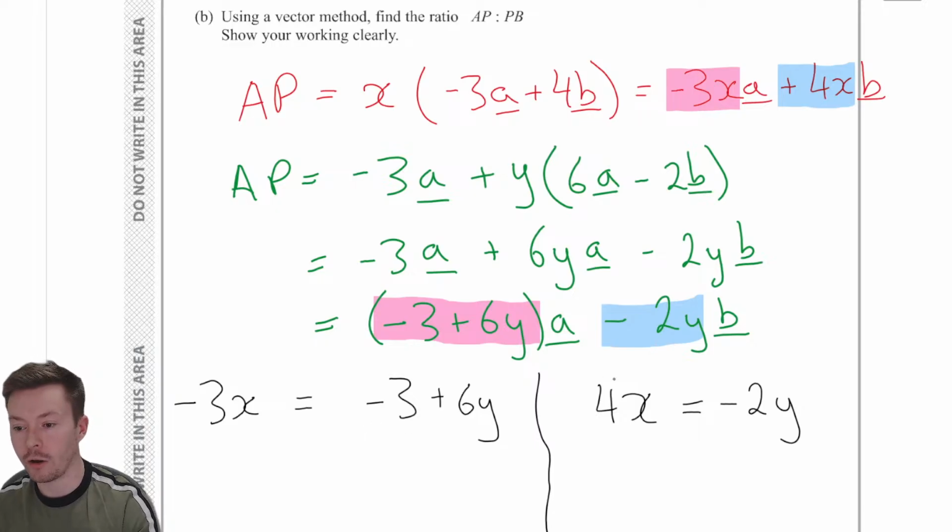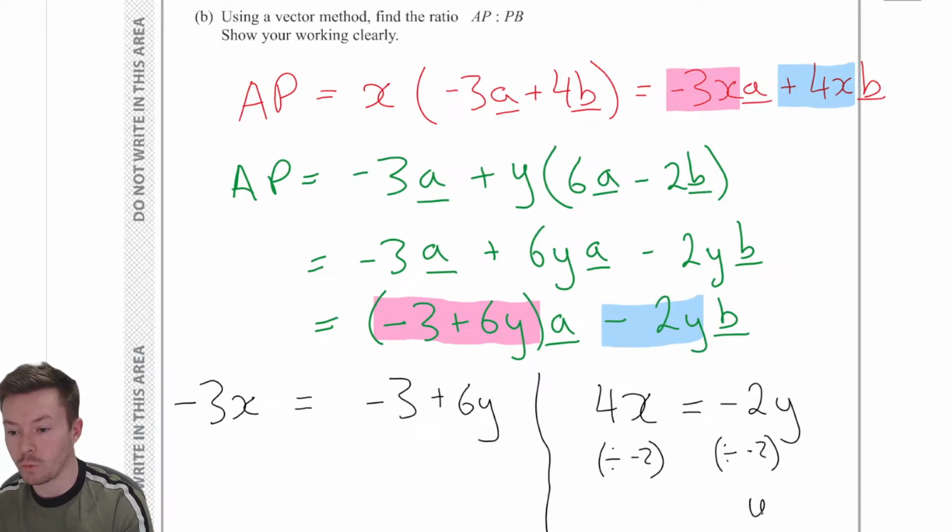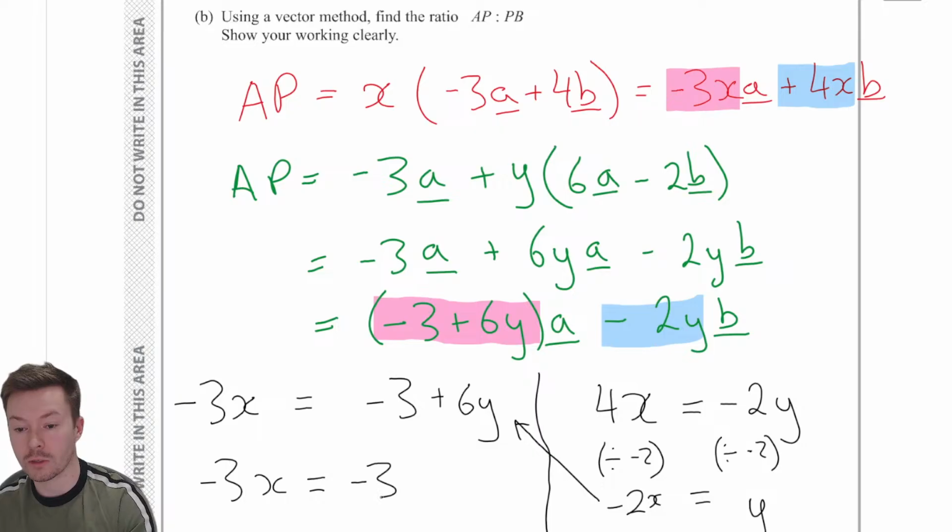Okay, now from there, I am going to look at the right-hand side one because that's a little bit easier to deal with at first. I'm going to divide both sides here by minus 2. And what we're going to get is y is equal to minus 2x. And then I'm going to substitute that in for the y, okay? So I get minus 3x is equal to minus 3 plus 6 lots of minus 2x.